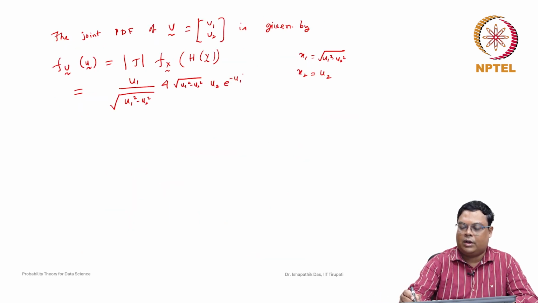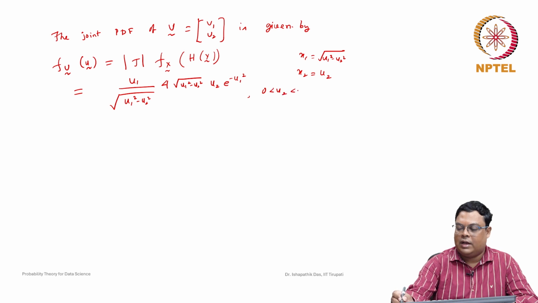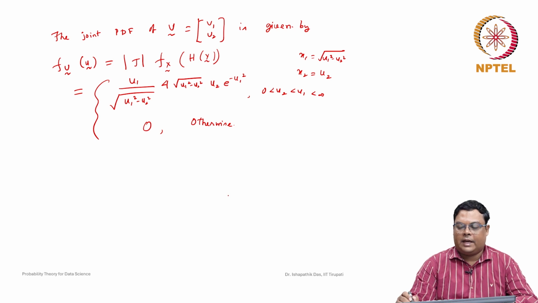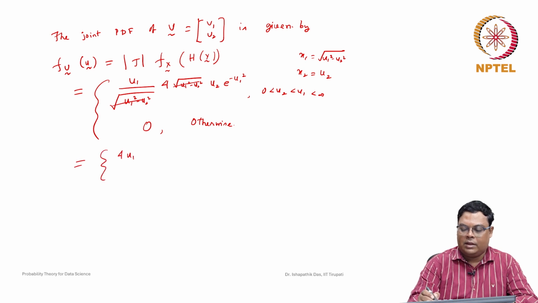This holds whenever 0 less than u2 less than u1 less than infinity, otherwise the value is 0. If we simplify, the square root cancels, so we get 4 u1 u2 e to the power of minus u1 square, whenever 0 less than u2 less than u1 less than infinity, and 0 otherwise.